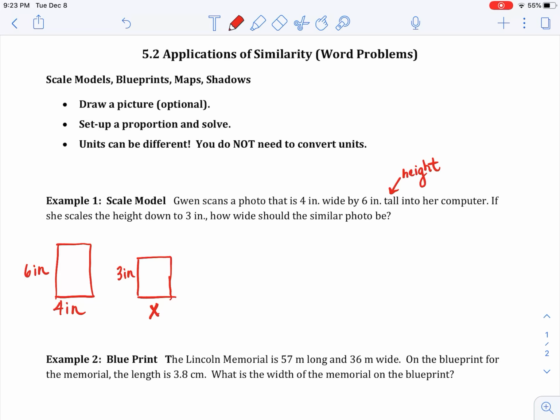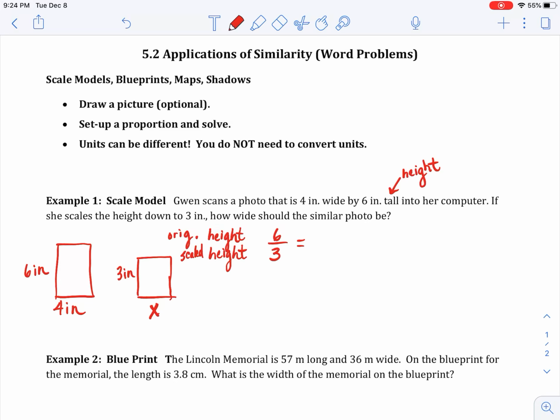So if we were given the picture back in yesterday's lesson, what we would have done was say, well, we'll compare the 6 to the 3 because those are both the heights. So think about that when we're doing word problems. You have height over height, and you have height of original over scaled photo, okay?